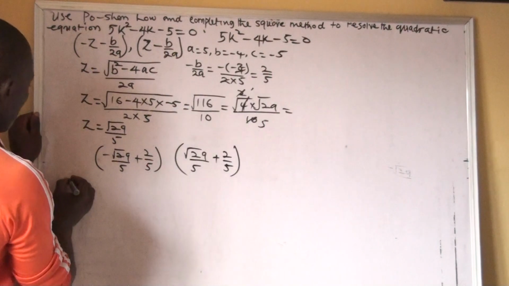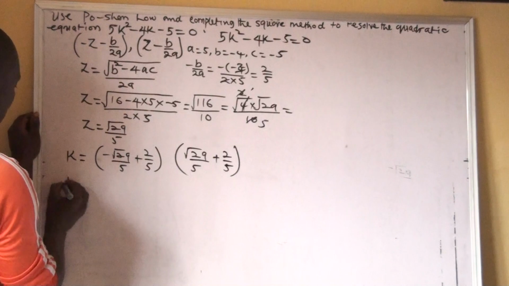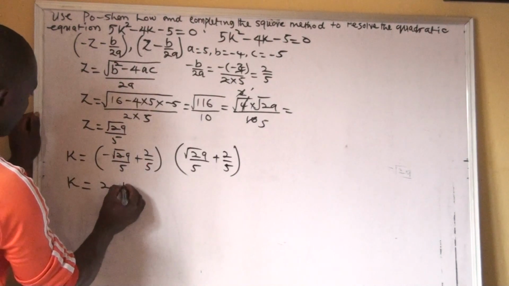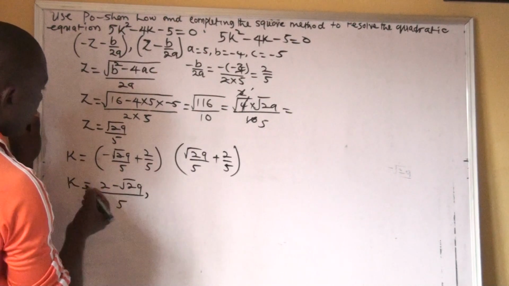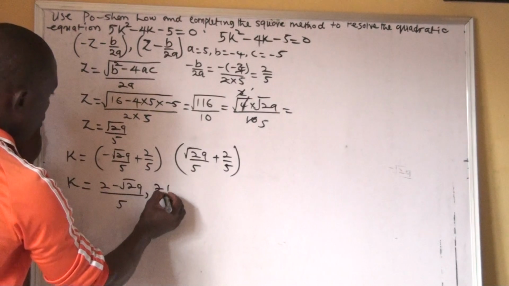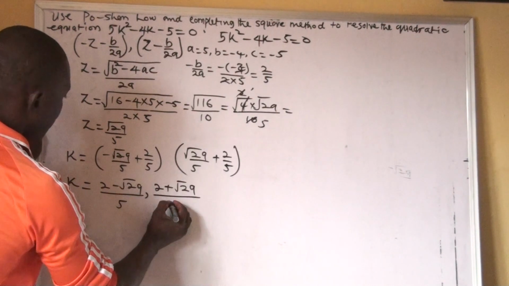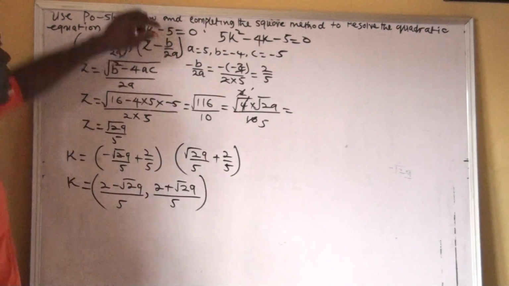Then the other root is just z, which is root 29 over 5, plus 2 over 5. So the two values of k are 2 minus root 29 all over 5, and 2 plus root 29 all over 5. These are the roots of this equation.